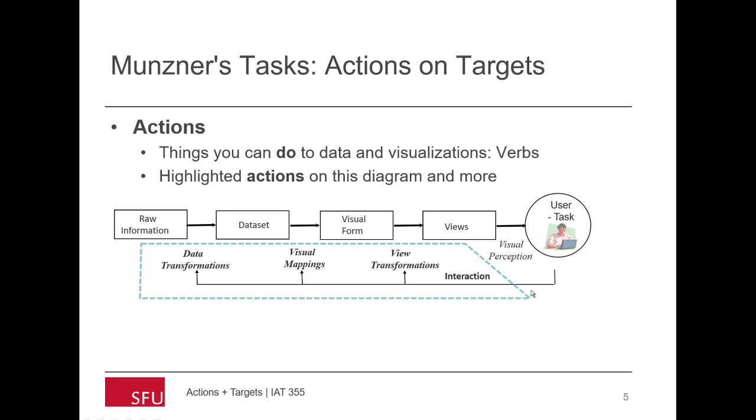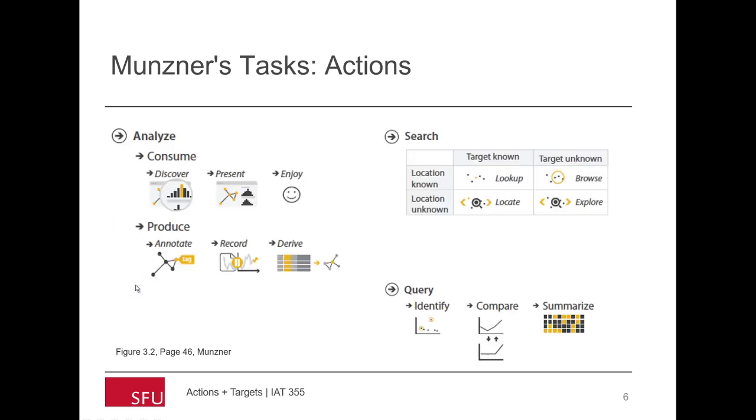The actions that Munzner is focusing on are these things here: the data transformations, the visual mappings, the view transformations, and in fact the earlier phase, not quite shown in this diagram, where raw information is selected for processing by this whole pipeline. So the actions that we're going to speak of as we move forward here are really focused on this aspect, the actions that are going to happen on data.